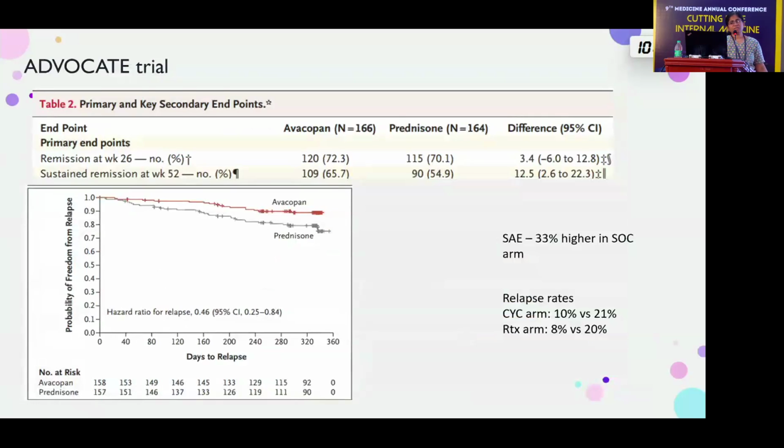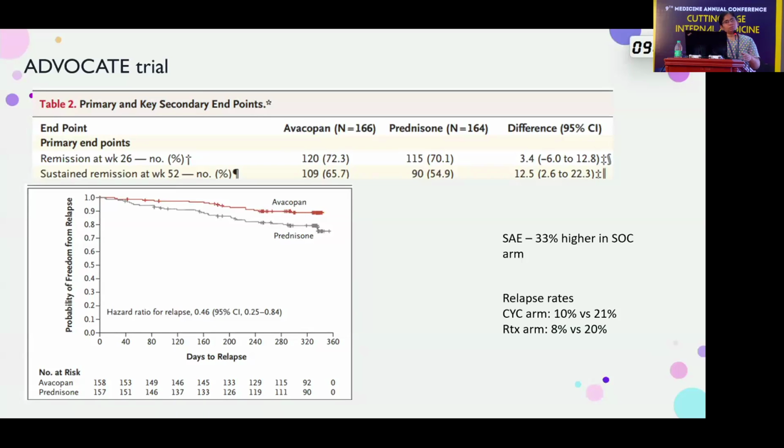What they found is that avacopan was clearly as good as the prednisolone-only regimen in achieving remission. By week 26, 72% of the patients in the avacopan group achieved remission as compared to 70% in the prednisolone group. This was a non-inferiority trial, so it met the non-inferiority margin.